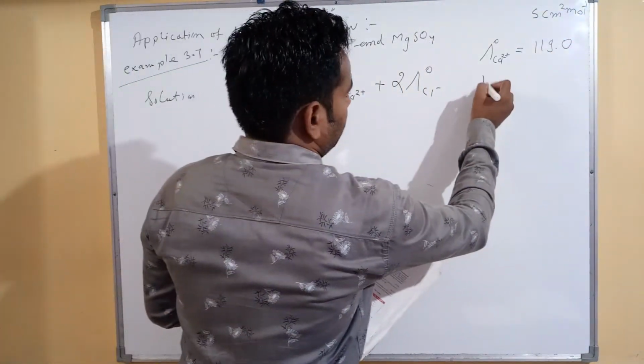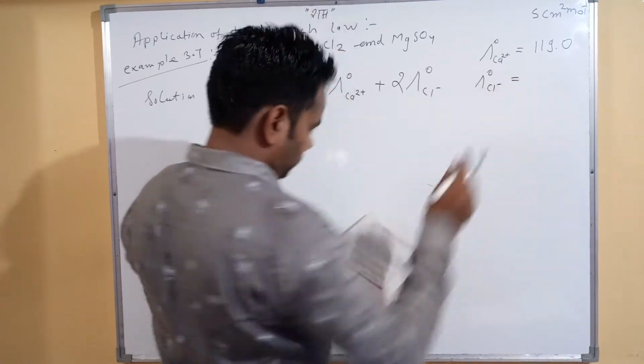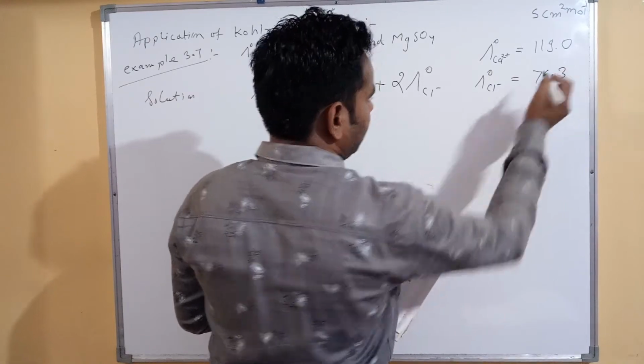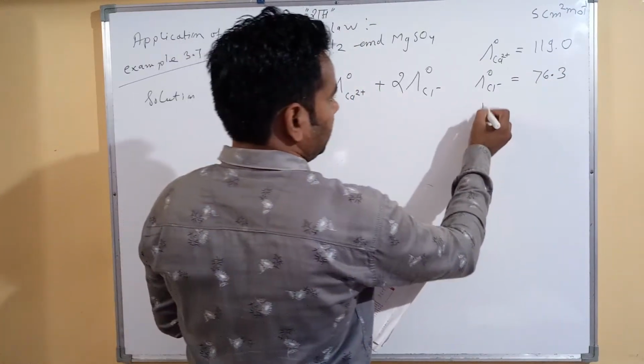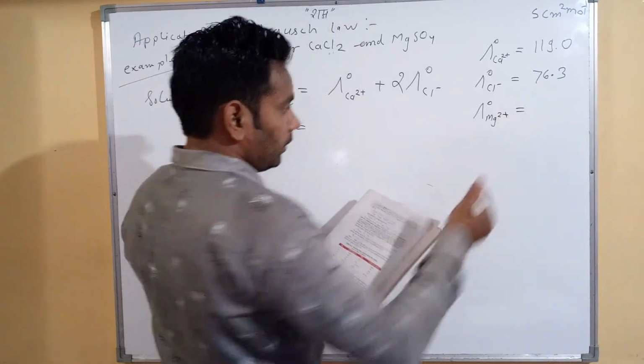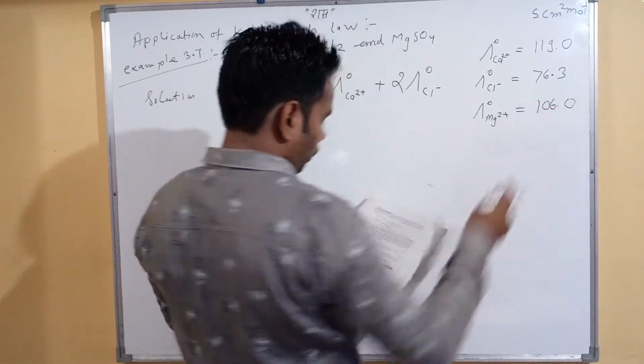One more, the limiting molar conductivity of Cl minus ion is 76.3. Then for Mg ions, the limiting molar conductivity of Mg2 plus ions is 106.0.